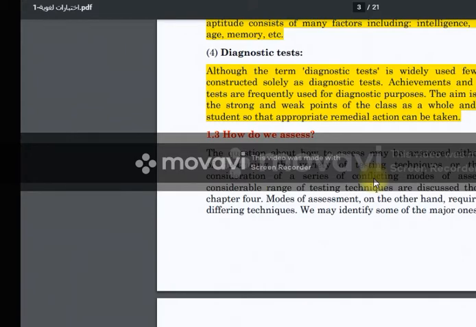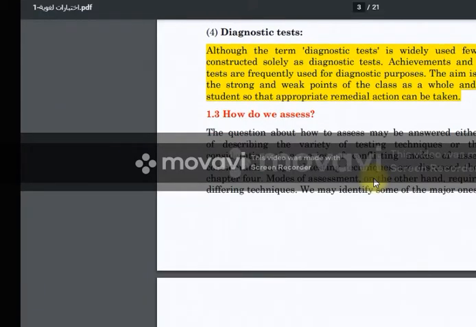So formal and informal. Formal is any type of test conducted by the teacher formally inside the classroom.